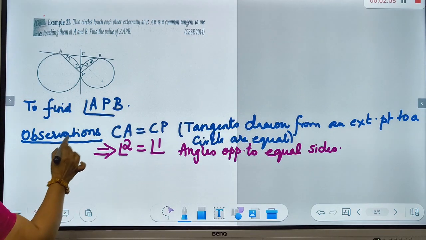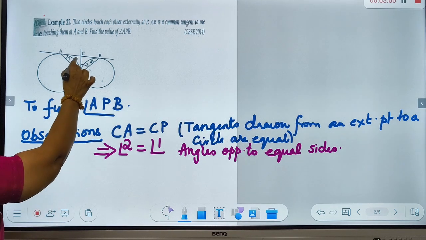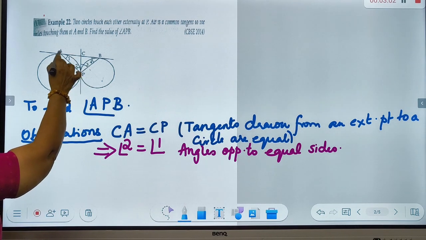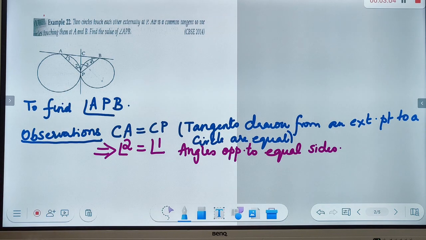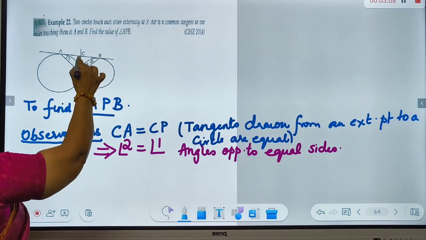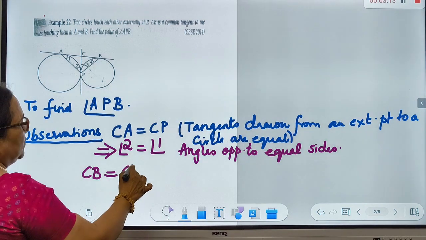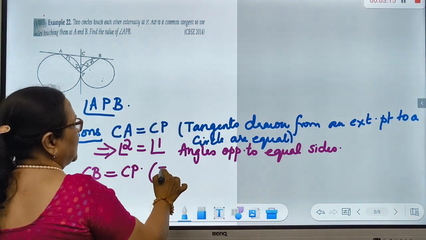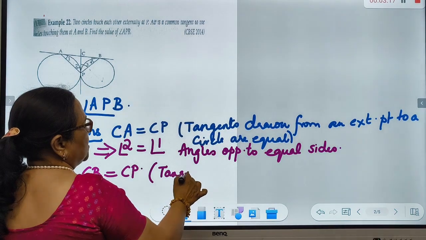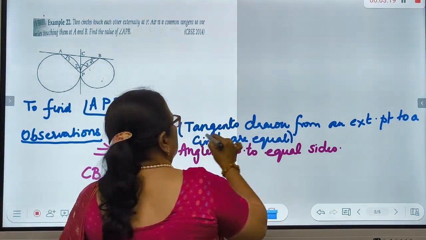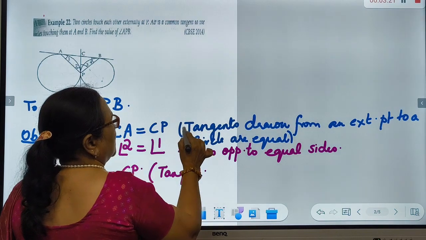By similar argument, we have considered from point C the tangents drawn to the first circle. Now look at the second circle. Now CB equal to CP. Why?